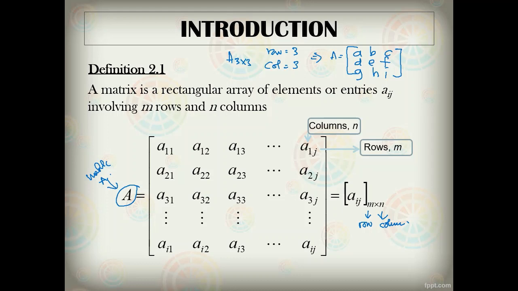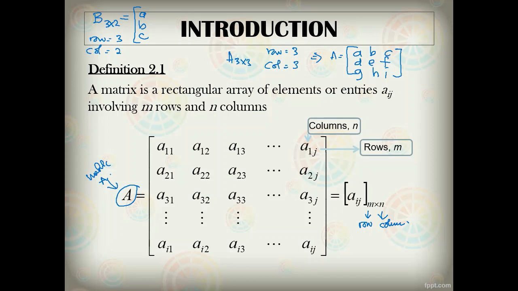If we have another matrix such as matrix B, we name it as 3 times 2, meaning we have 3 rows with 2 columns. So our matrix may look like this, for example. We will have 3 rows, A, B, C, but we only have 2 columns.